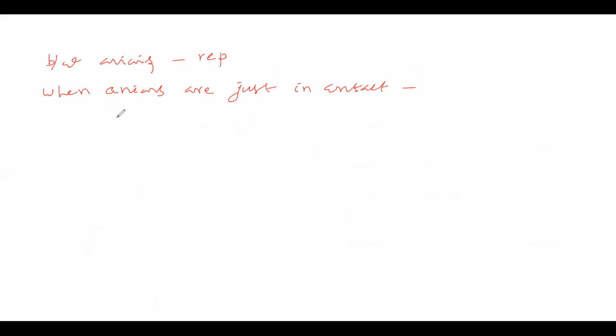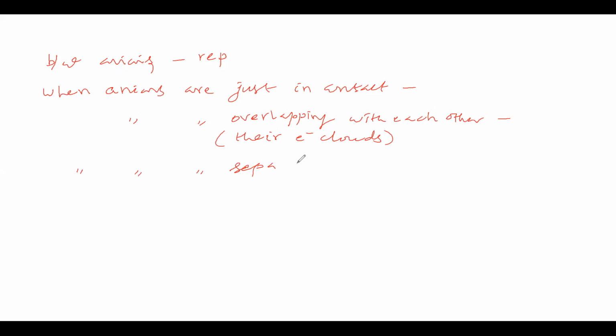how will the stability be? When anions are overlapping, in the sense their electron clouds are overlapping with each other, how will the stability be? When anions are separated by some gap, how will the stability be?